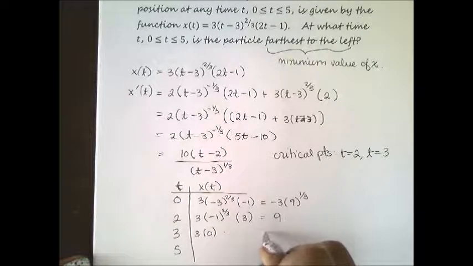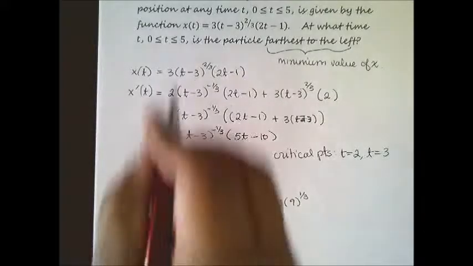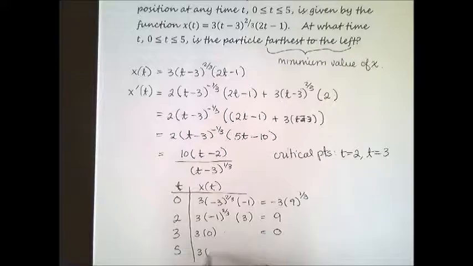This is going to come out to be 0. And when I put 5 back in here, I get 3 times 2 to the 2/3 power times 10 minus 1, so that's 27 times 4 to the 1/3.